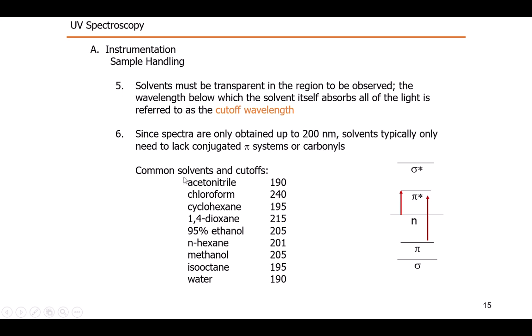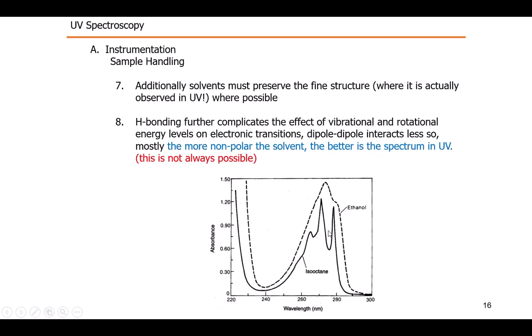Some commonly known solvents are acetonitrile, chloroform, cyclohexane, ethanol, n-hexane, methanol, isooctane, and their cutoff wavelengths are given here. So we should be aware of the cutoff wavelength of each solvent when we use it in the UV visible spectrophotometer to make a solution.